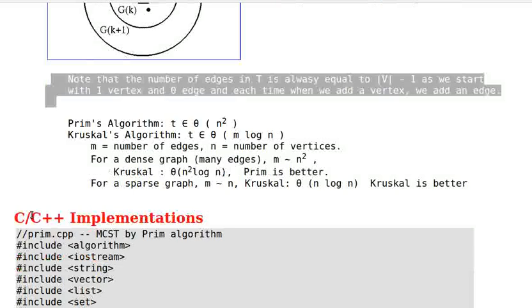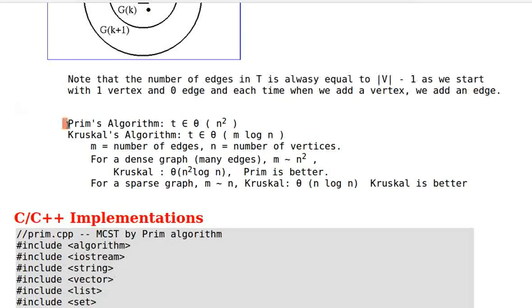If N is the number of vertices in the given graph, the main loop of the algorithm is executed N minus 1 times. At each iteration, the find operation takes time theta n, as you will see in its implementation. Kruskal's algorithm takes time theta m times log n, where m is the number of edges of the graph. For a dense graph, one that has many edges, m is about n squared.